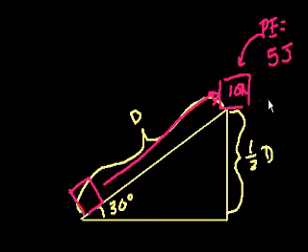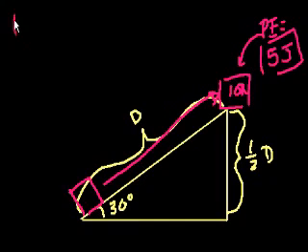So the potential energy at this point has to equal 10 newtons times the height, which is going to be 1/2 d. That's also the amount of work one has to put into the system in order to get it this high in the air. So what is the force that we had to apply?